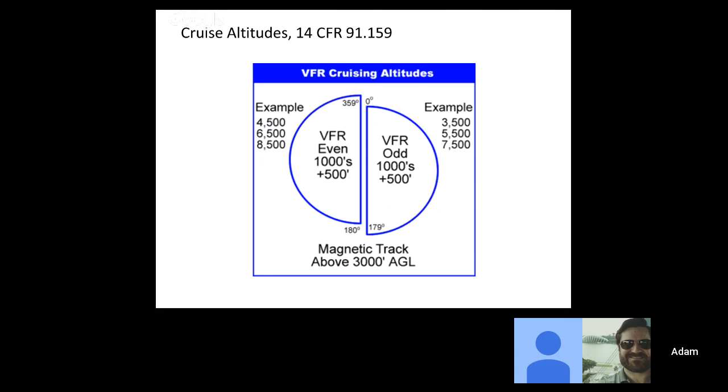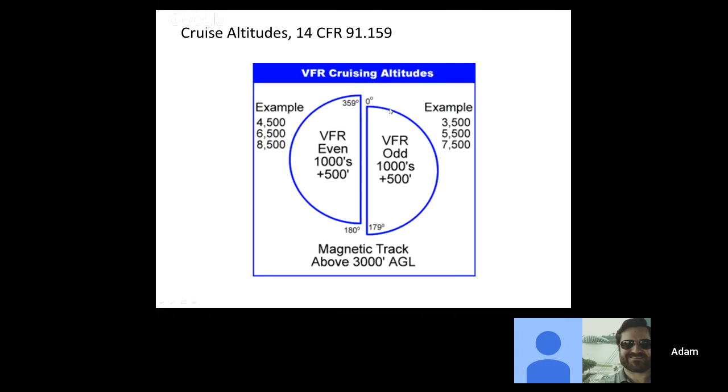These regulations on altitude only apply at 3,000 feet and above. So if you're cruising at 1,000 feet, you need not worry about this altitude regulation. Just for curiosity, the reason this regulation is out there is to separate VFR, visual flight rules traffic, and IFR, instrument flight rules traffic.